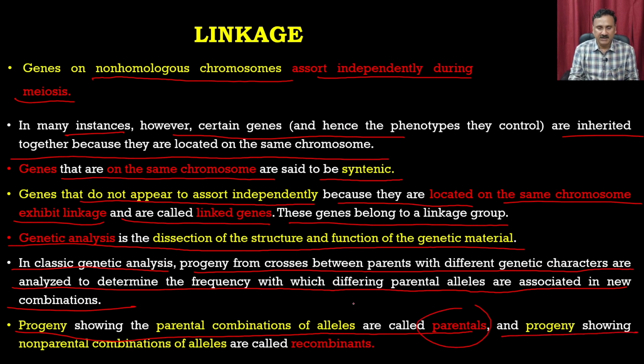So basically, linkage is a phenomenon where two genes move from one generation to the next linked to each other because they are present on the same chromosome. Remember that when a chromosome is transmitted from one generation to the next, it's not like you're going to get 50% of a single chromosome.